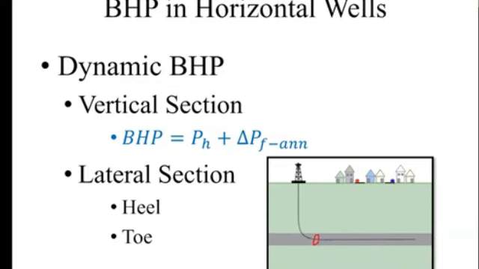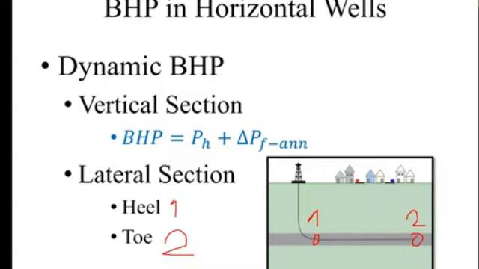At the beginning of the lateral section, we call it heel, and the end of the lateral section, which is the TD, we call it toe. So all the way from here, let's say heel, I call it point 1, and toe, I call it point 2. All the way from point 1 to point 2, static bottom pressure is the same.